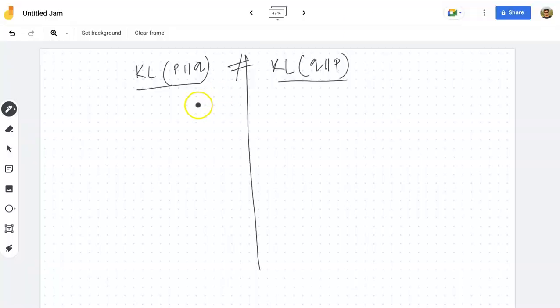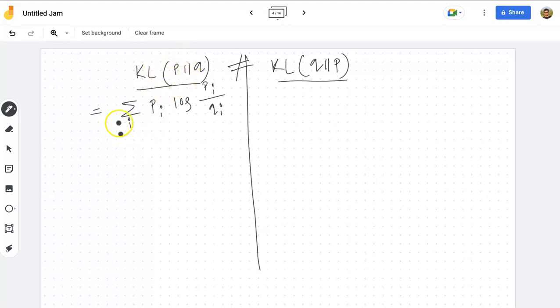So what is the formula for KL divergence? If P is a distribution, it is the summation over all i of Pi log Pi over Qi.